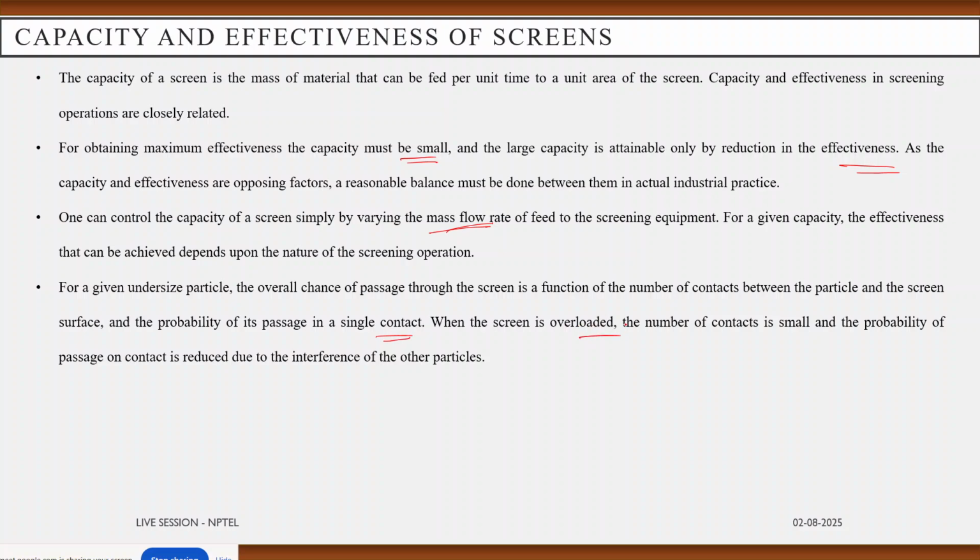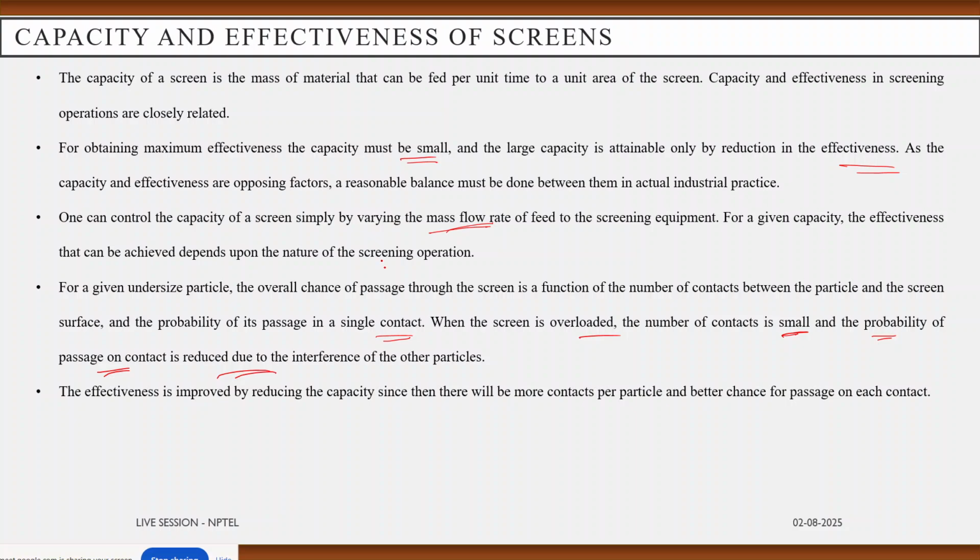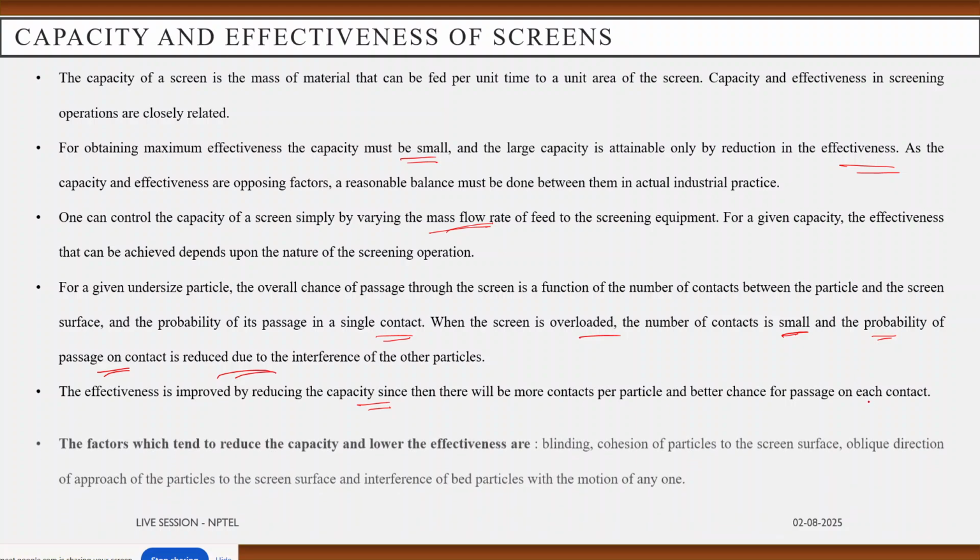When the screen is overloaded with feed, the number of contacts is very small and the probability of passage on contact will be reduced due to the interference of so many particles at once. The effectiveness is improved by reducing the capacity of the screen, since there will be more contacts per particle at minimum capacity, giving a better chance for passage on each contact.